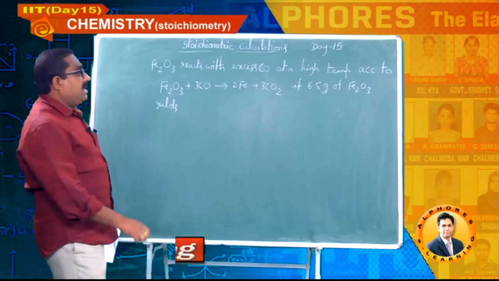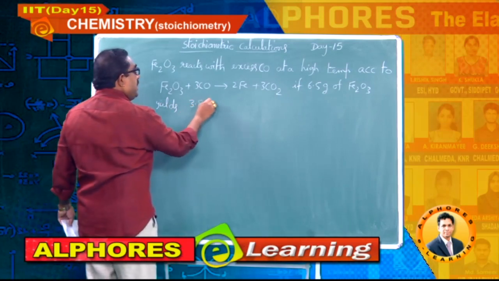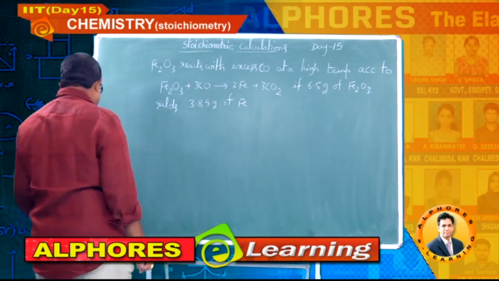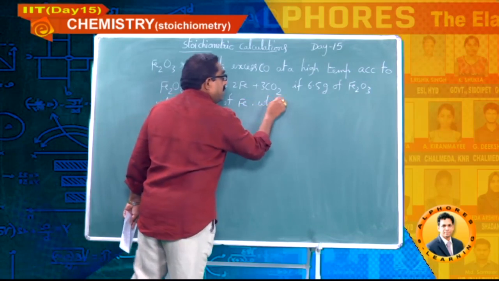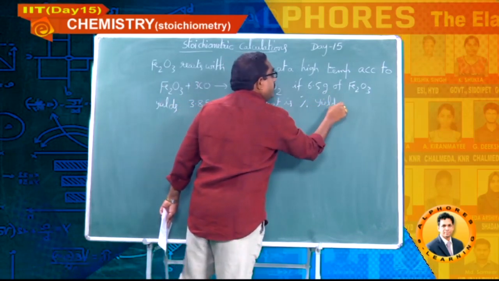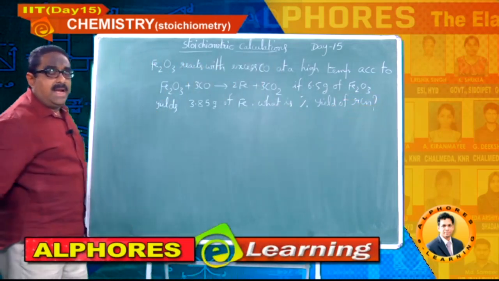If 6.5 grams of ferric oxide yields 3.85 grams of iron, what is the percentage yield of the reaction?